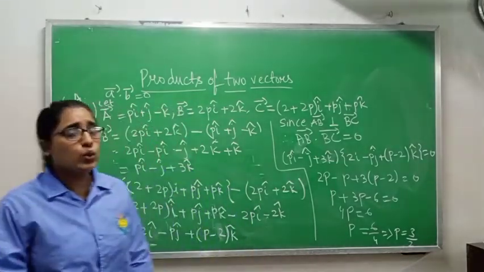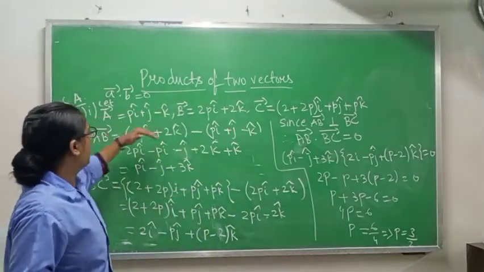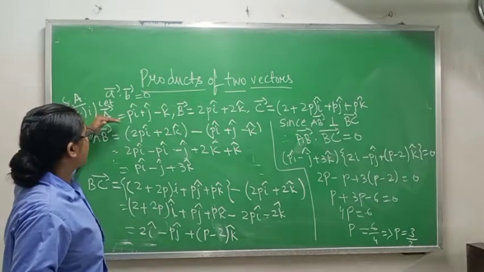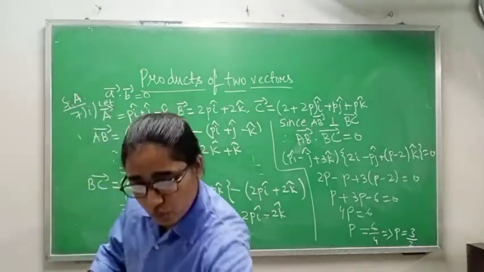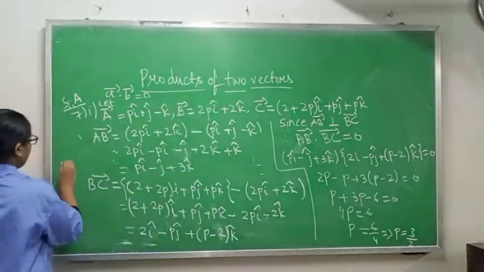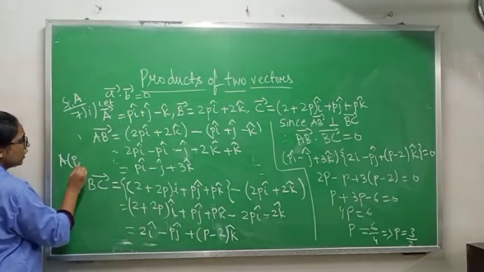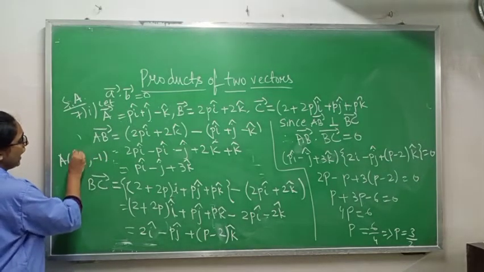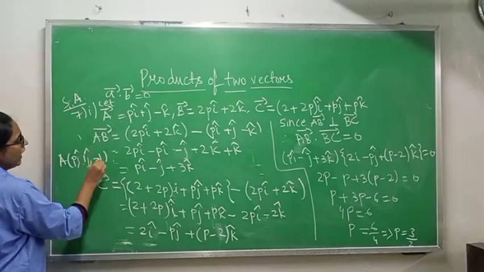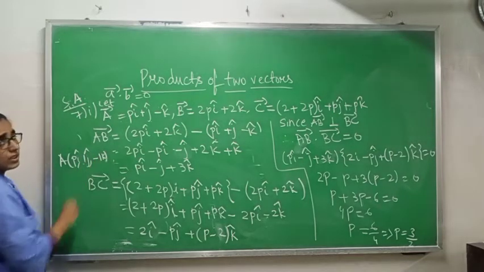You take a vector and write let A vector equals p i cap, because the first point A is p comma 1 comma minus 1, which means p will go with i, 1 will go with j and minus 1 will go with k.